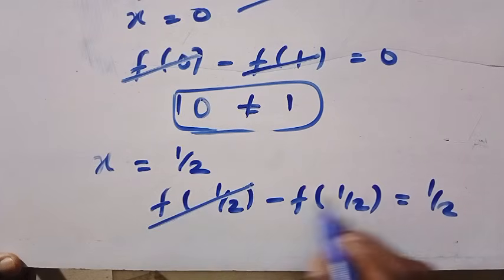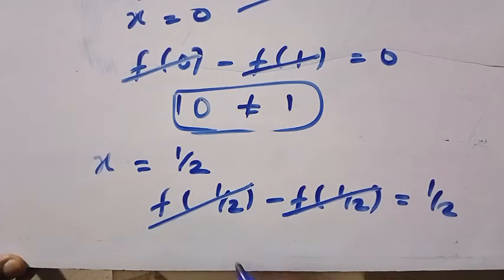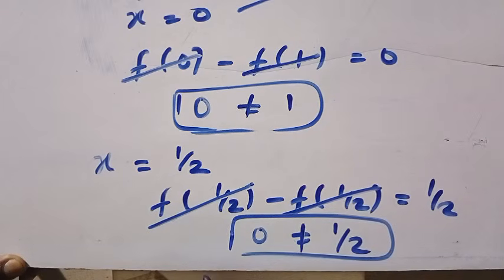So f of 1 over 2 cancels f of 1 over 2, and here we have 0 is not equal to 1 over 2. So this seems not to work. And I thought I had just one solution to this problem.